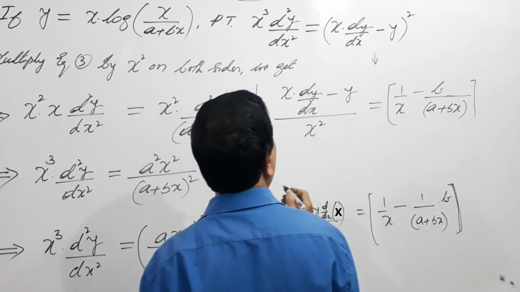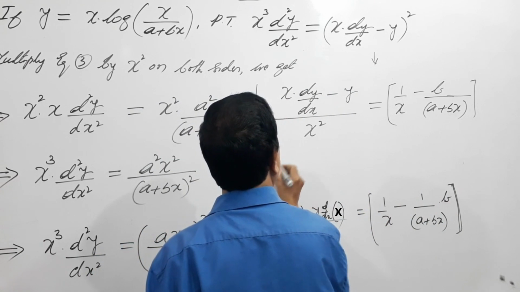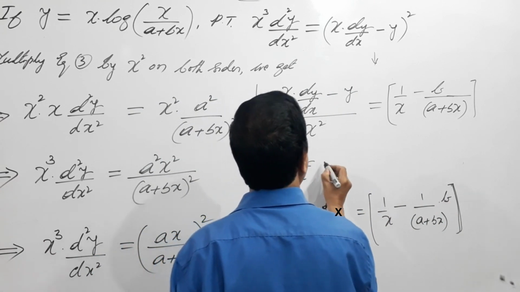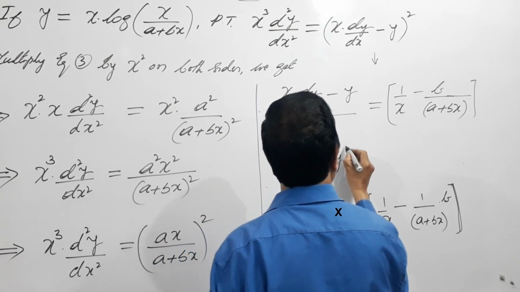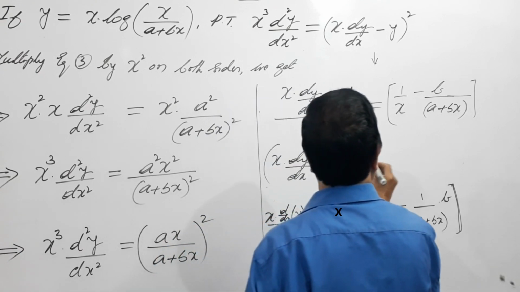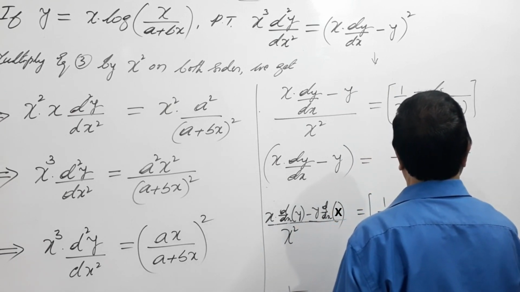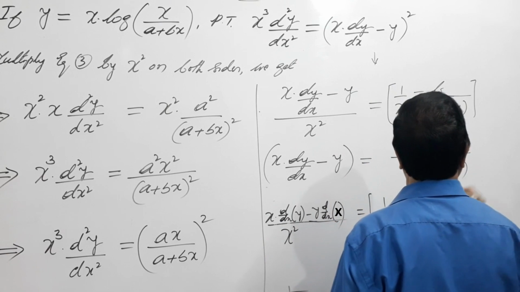So what had happened here? X into dy by dx minus y equals, LCM was 1 into a plus bx.